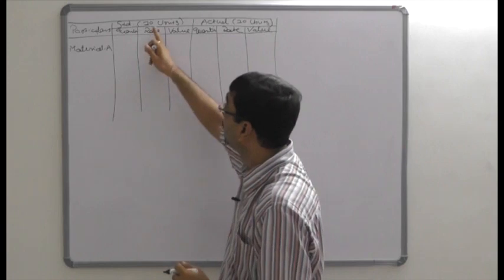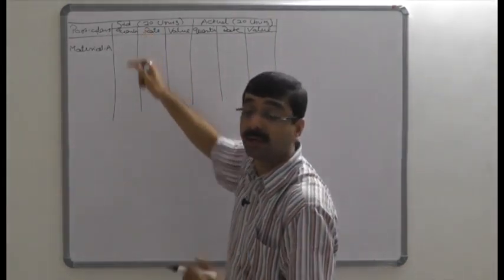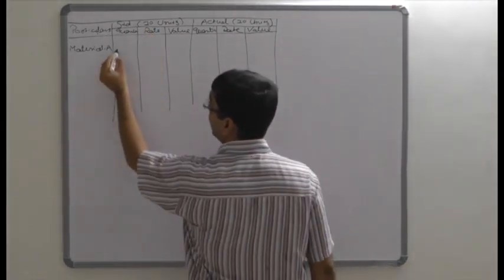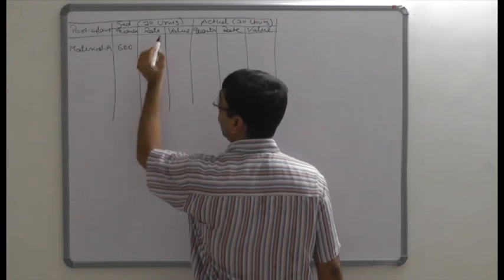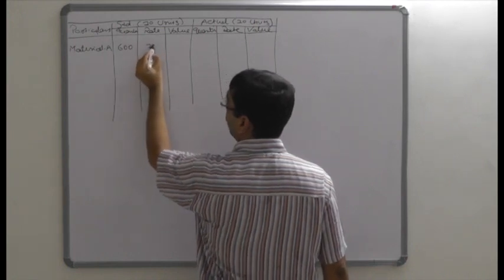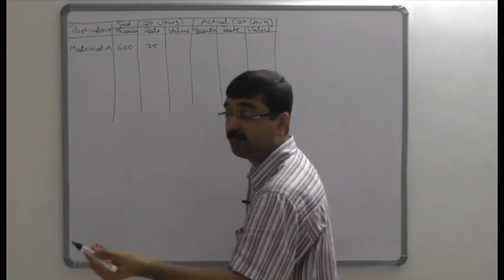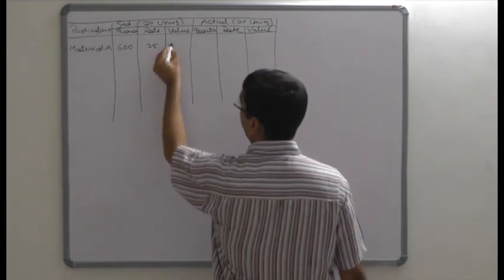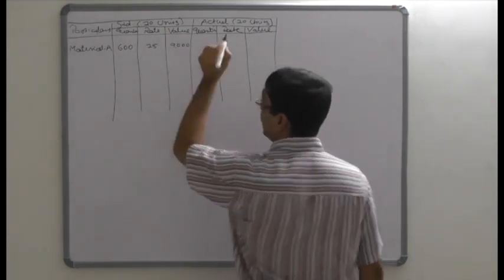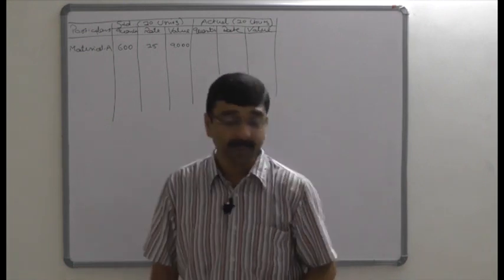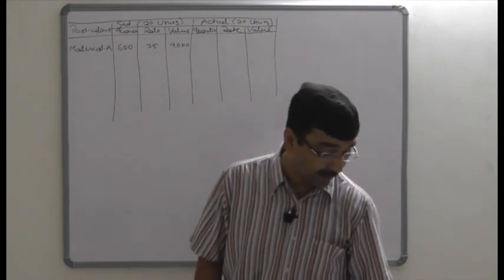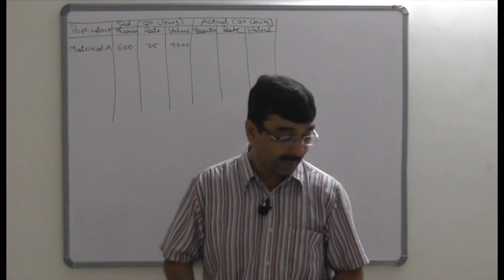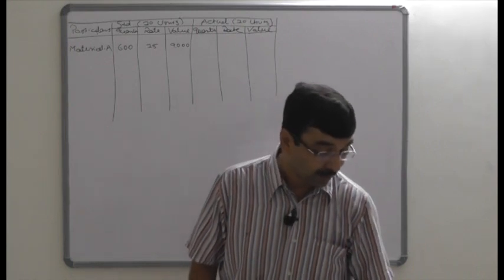Then how much kilogram is required for 10 units? So in this way 600 kilograms is required. Rate would not be changed, it remains the same 15, and this comes to a value of 9,000. So here for material A, for 600 quantity, 15 rupees rate and 9,000 rupees is the value amount.